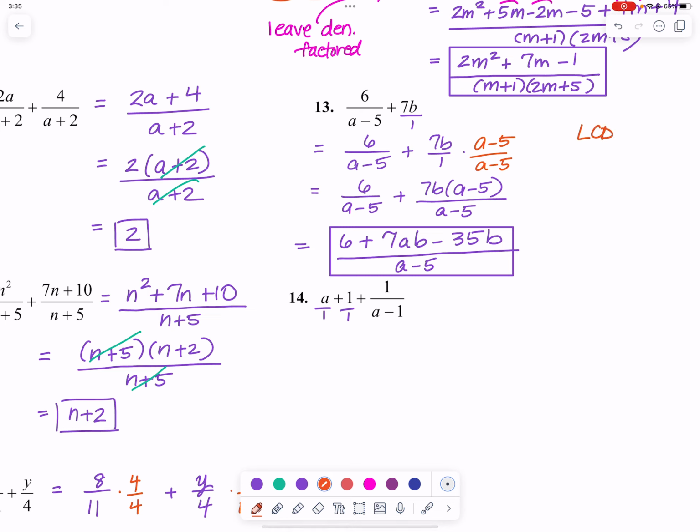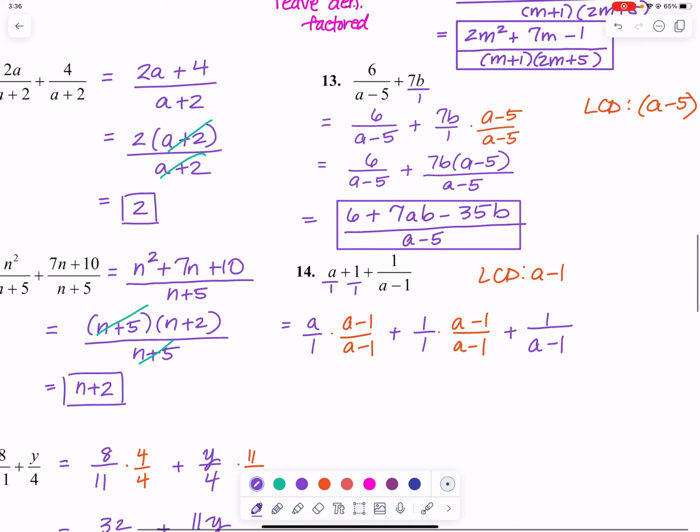I'll go ahead and write that over here; for this one it is a minus 5, and here our LCD will have to be a minus 1. So our first term, a over 1, will need a minus 1 over a minus 1. Plus 1 will need a minus 1 divided by a minus 1. Plus 1 over a minus 1.